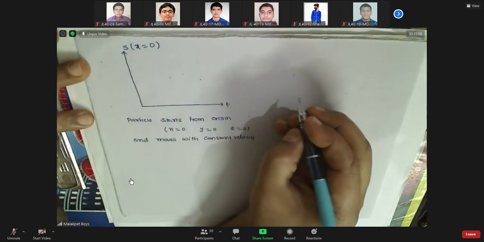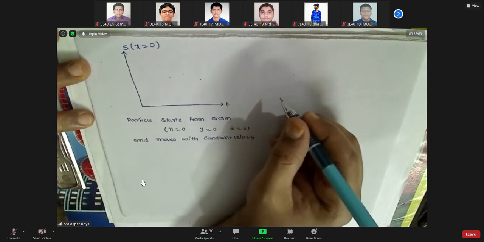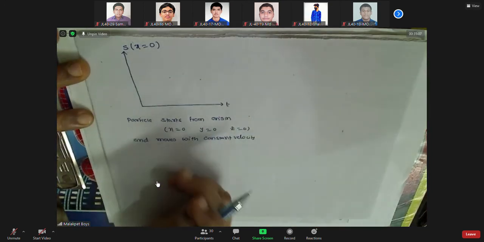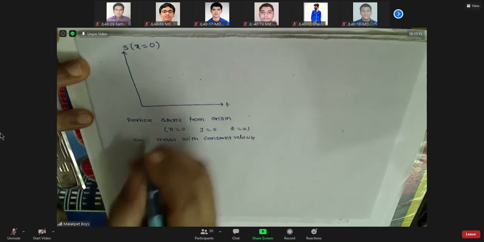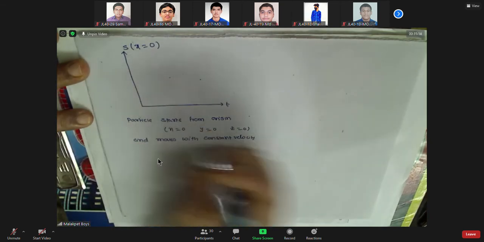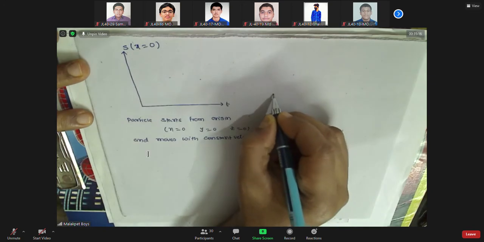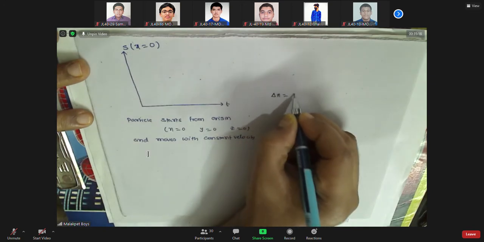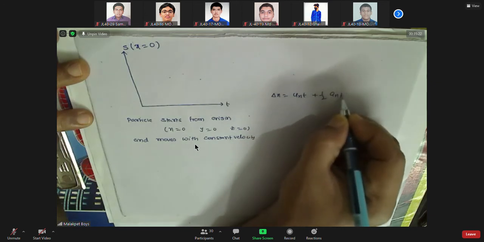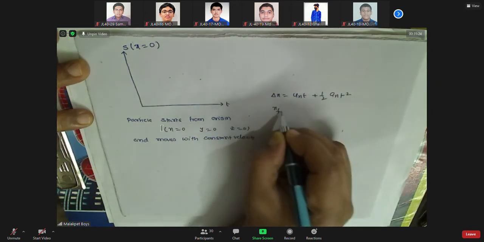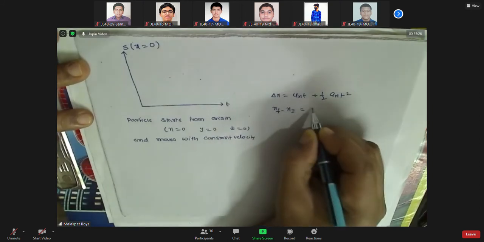If the particle is moving and the x coordinate is changing, then we have delta x equals u x t plus half a t squared. This is final x coordinate minus initial x coordinate.